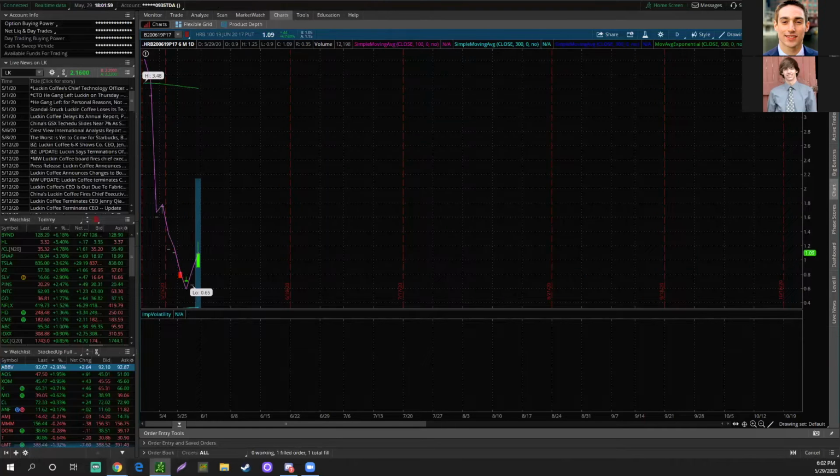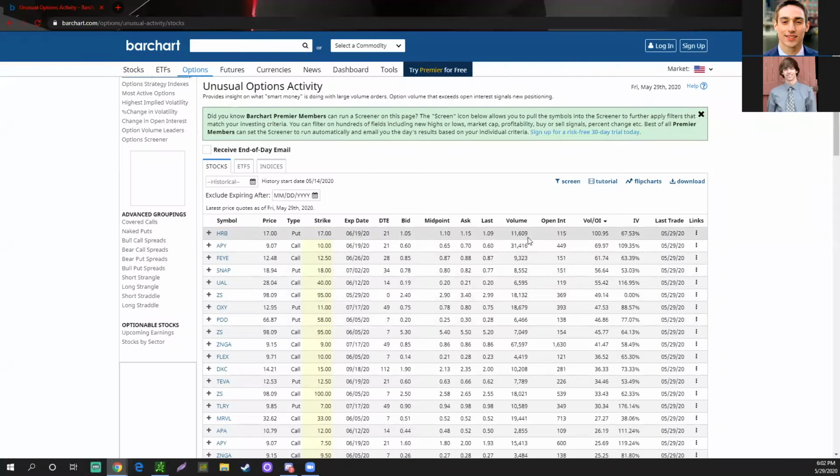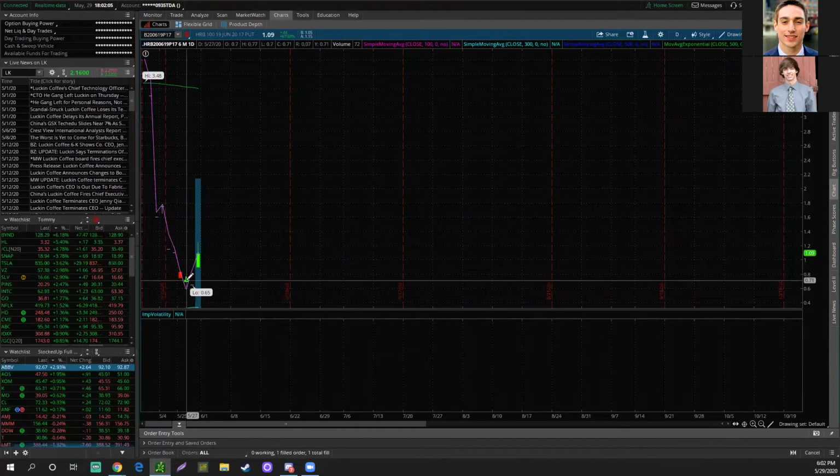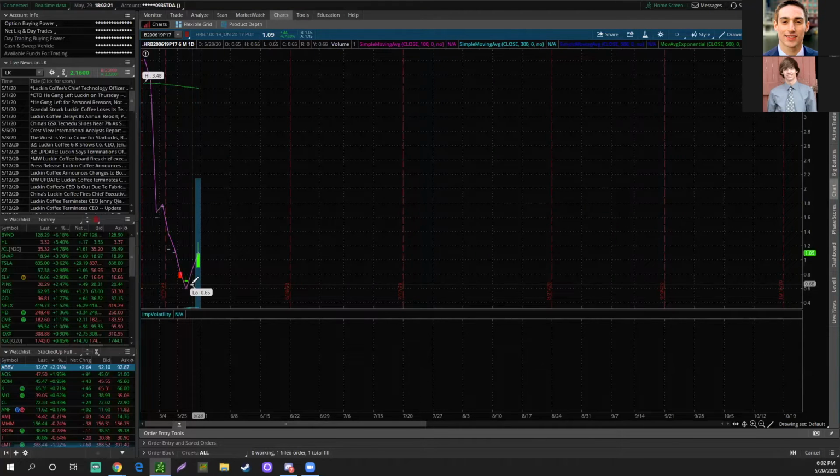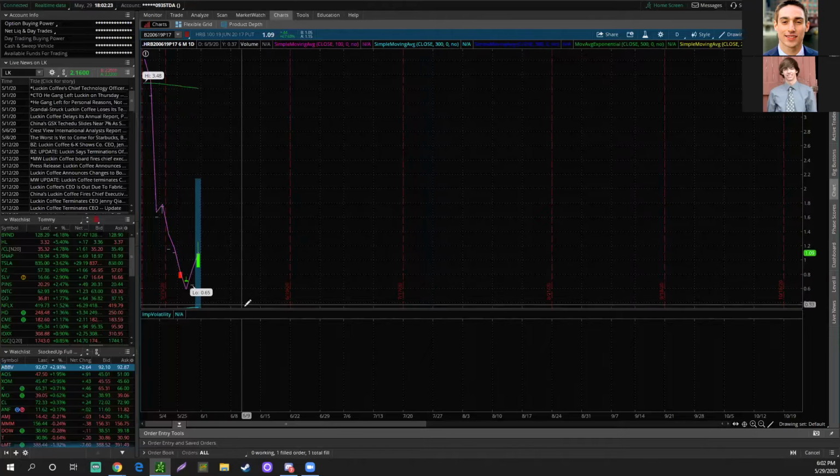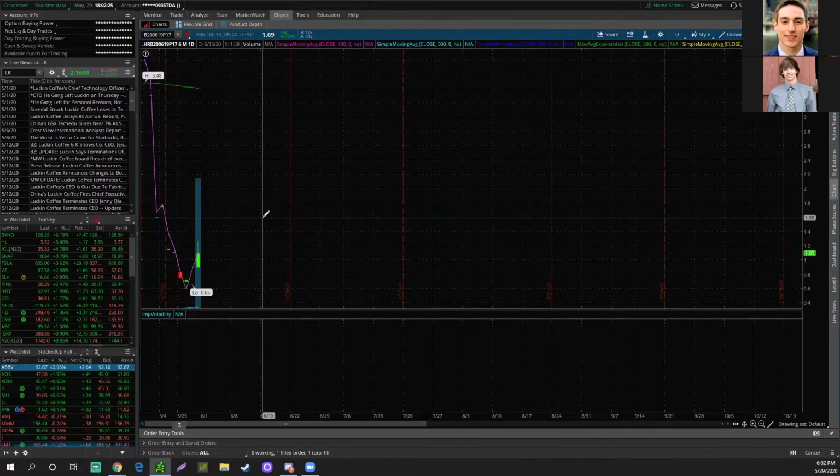Just go to Thinkorswim and highlight the day, and you can see at the top. Right there, about one contract traded on the day before. However, today there were over, what is it, 12,000? Yeah, 12,000 contracts traded. So obviously that's a huge difference.